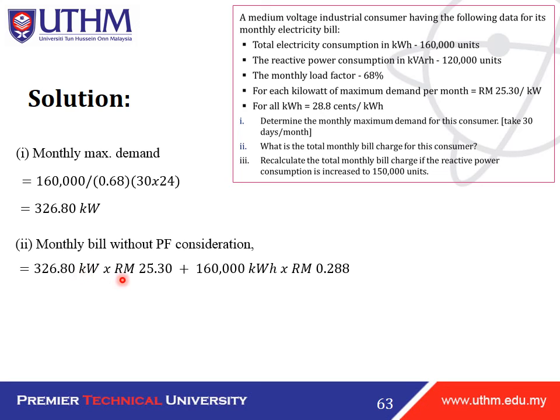And then we calculate the monthly bill without power factor consideration. So 326.8 kilowatt, which is the monthly maximum demand, times the rate of the maximum demand for each kilowatt, 25.3, plus the total electricity consumption of 160,000 kilowatt hours times the rate for all kilowatt hour, which is 28.8 cents.